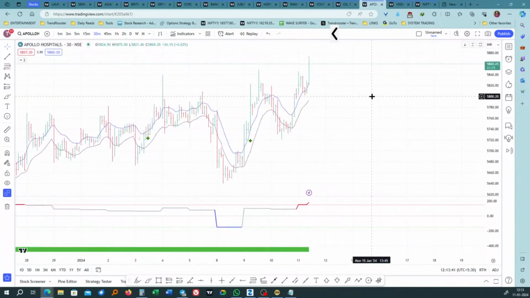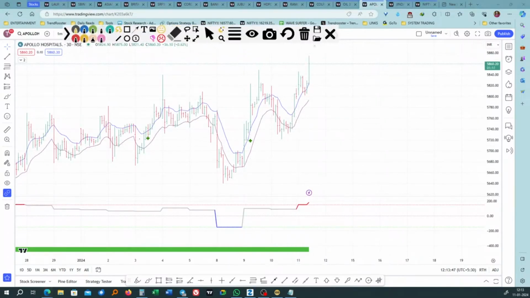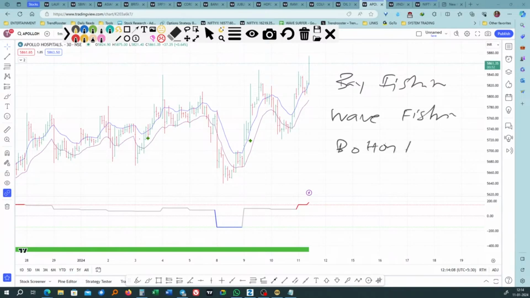Wave system means what? I talked about typically waves, right? What are the waves I talked about? It's basically bay fishing, then wave fishing, and then bottom fishing.